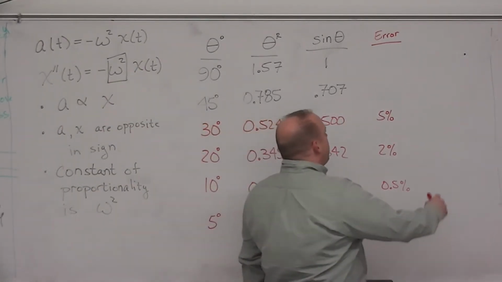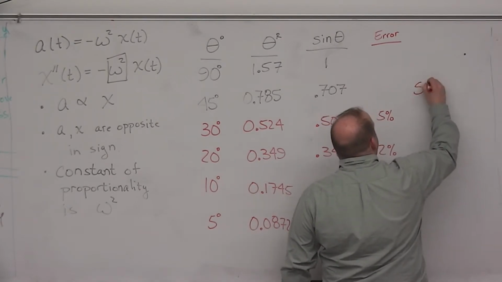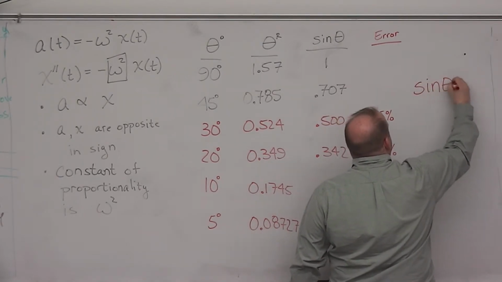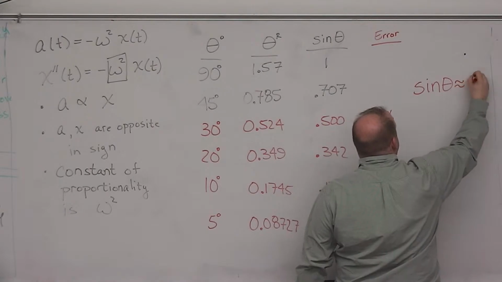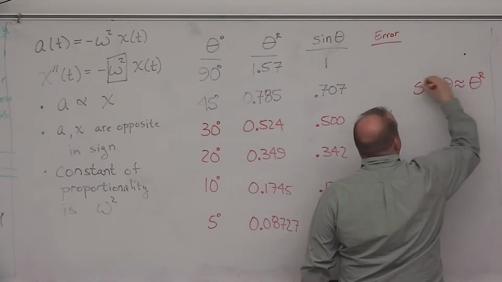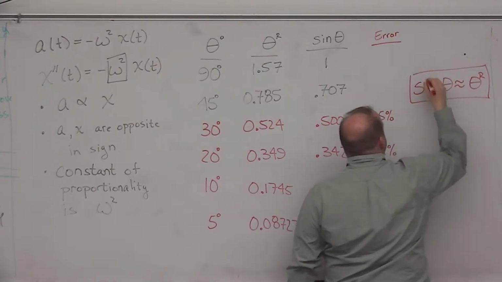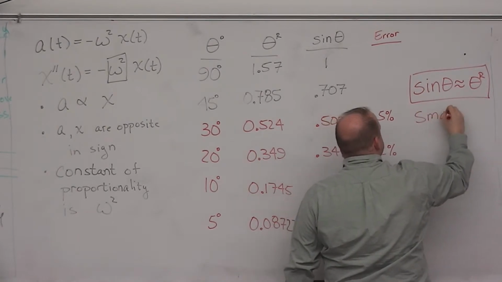To a very good approximation, the sine of theta will equal approximately theta in radians. This is called the small angle approximation.